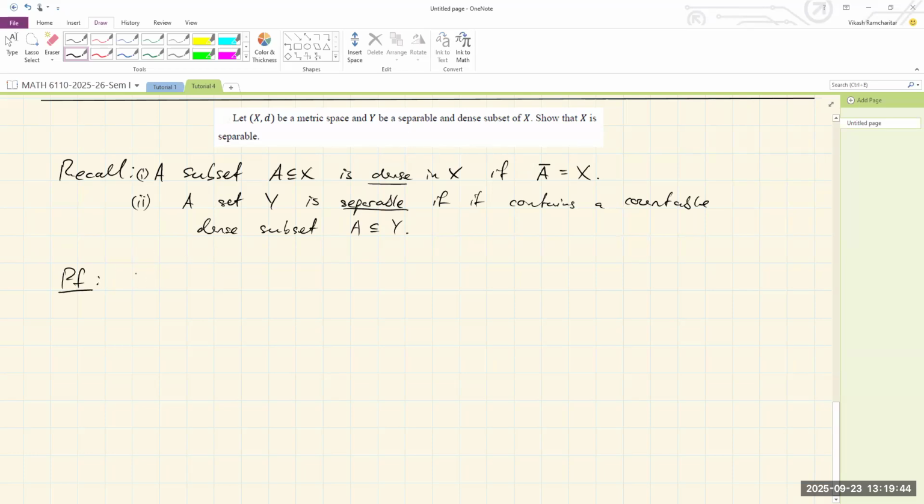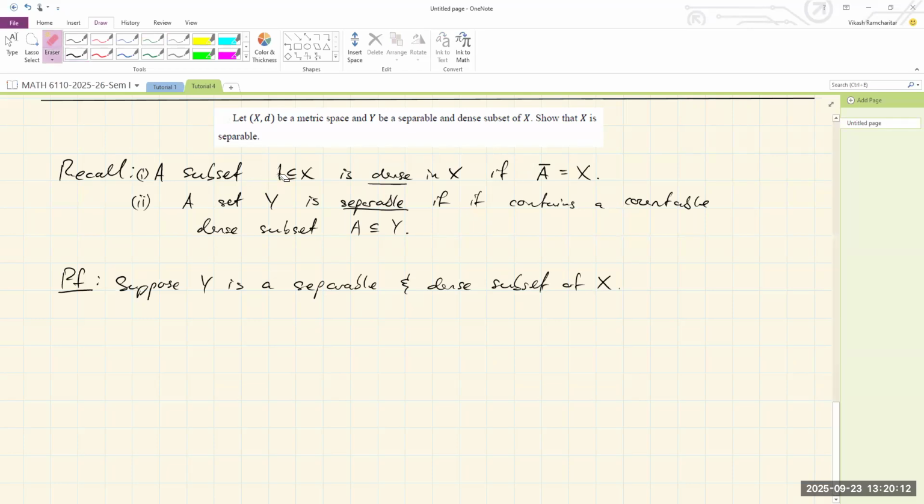we suppose Y is a separable and dense subset of X. So Y has both of these properties up here.